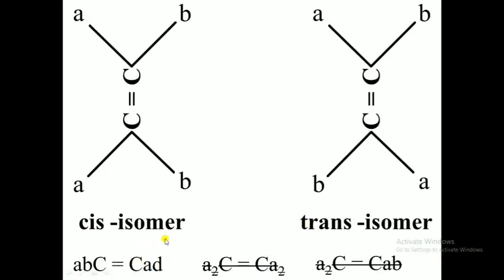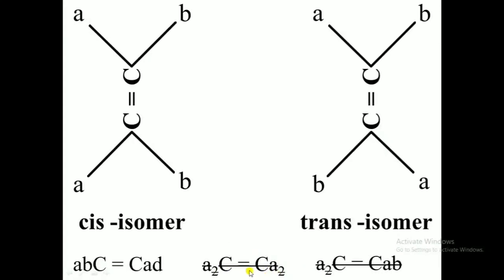So what I mean is a carbon-carbon double bond with this configuration can also give you a cis isomer and a trans isomer, whereas for a molecule with this structure where all atoms attached to the carbon atoms are similar, there is no geometrical isomerism, because this carbon atom has two A groups and this carbon atom also has two A groups. So it doesn't matter where the A groups are arranged.